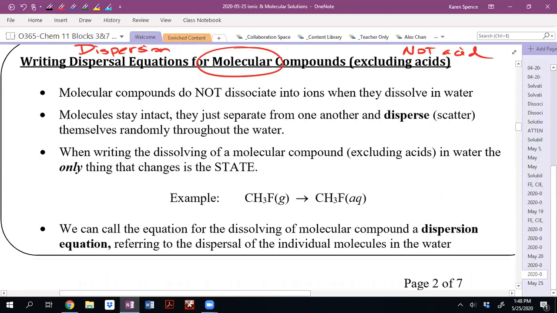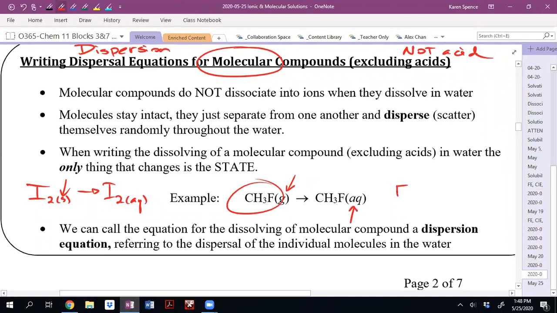Remember that the molecules stay intact. I don't know if you remember this one from last week. We had I2, which was a solid, and then it dissolved in water, and you got I2, which was aqueous. So all you're going to do is take the molecule, and instead of being a gas or a solid or whatever, you're going to write that it is aqueous.